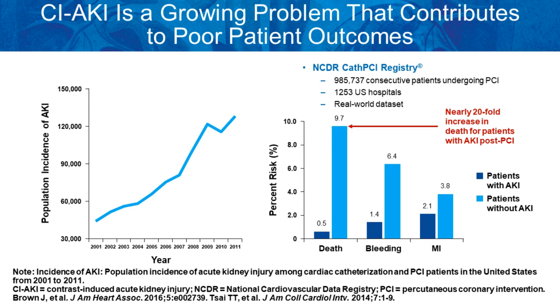As we look at the incidence of AKI, it has risen over the years, and in patients undergoing PCI, you can see that those who experience acute kidney injury have much higher morbidity and mortality than those who don't experience an AKI. And we'll talk more about this important data from the NCDR in a little bit.